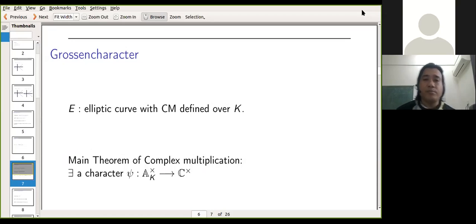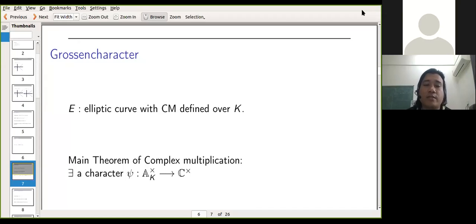This is a theorem due to many people, Shimura, Hurwitz, Deuring, and so on. And they say that once I have an elliptic curve, I'm going to get a character. The character has its codomain in C cross, non-zero complex numbers, and its domain will be the adelic group of K.